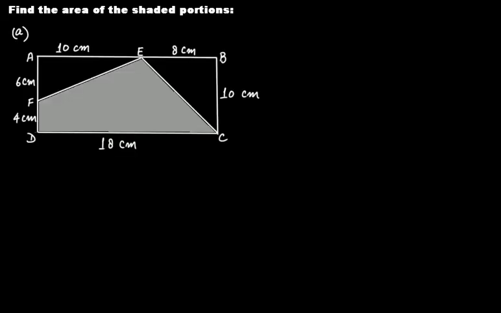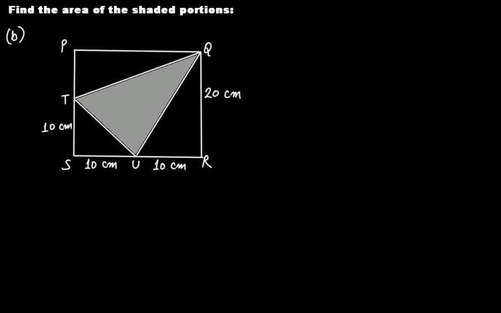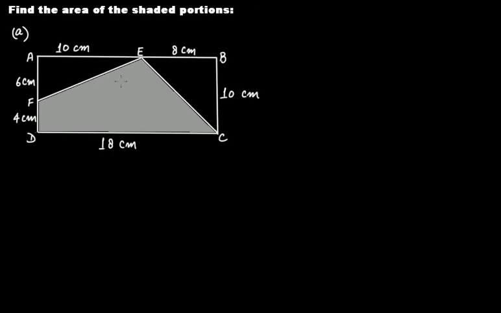Next problem. Find the area of the shaded portions. Okay, so first one is this and second one is this. Let's solve for this one. In this diagram, you can clearly see that this is actually a rectangle. Why?